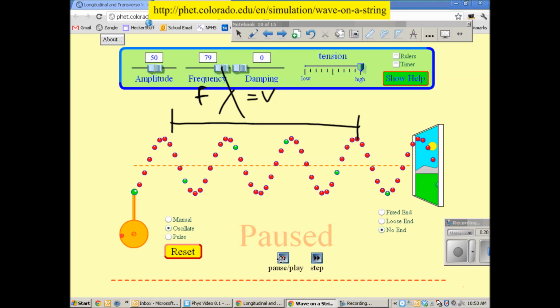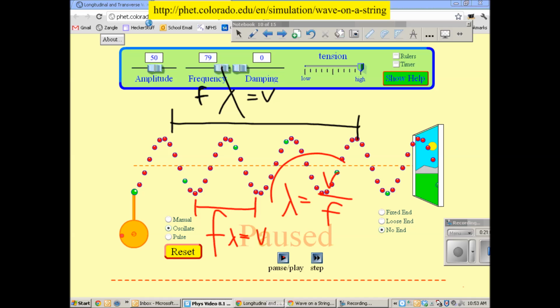And now we've got a much smaller wavelength but a bigger frequency. So bigger frequency, smaller wavelength, but you get the same velocity. So the only way to change the wavelength is by changing either the frequency or the velocity. Ultimately, the wavelength depends on the velocity and the frequency.